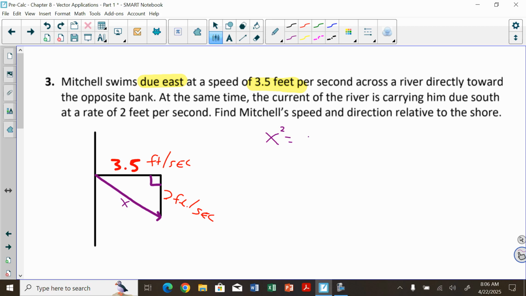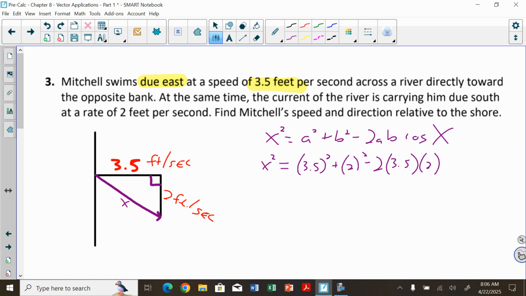X squared equals a squared plus b squared minus 2ab times the cosine of capital X. So x squared equals 3.5 squared plus 2 squared minus 2 times 3.5 times 2 times the cosine of 90, because that's the angle opposite x. With a right triangle, you could use the Pythagorean theorem, but I'm just showing you it still works with cosine.